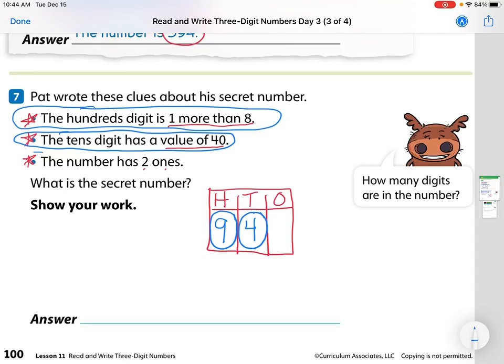And then last but not least, this one just gives us the answer, so we'll just go ahead and plug that in. The number has 2 ones, so let's go ahead and put our 2 in the ones place. And what is the secret number? Go ahead and write that on your answer line. So pause the video and write your answer there.